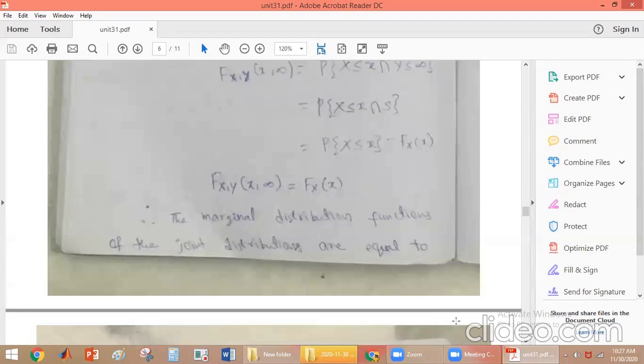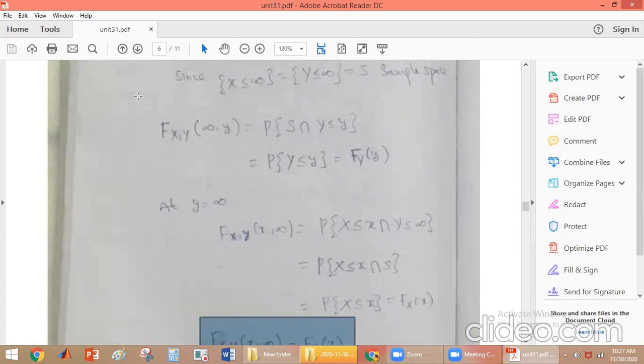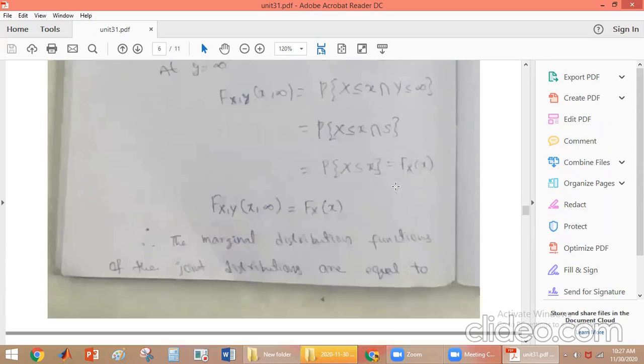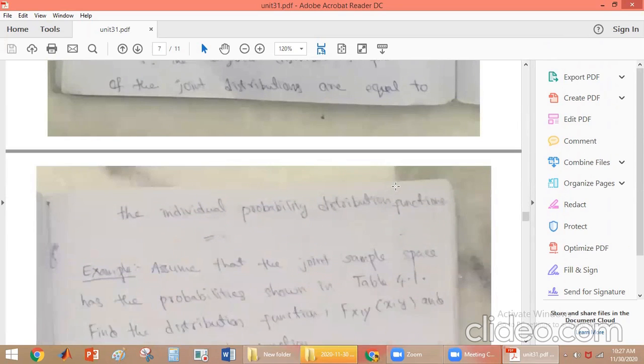So F_XY of x comma infinity will be equal to F_X of x. Similarly, F_XY of infinity comma y will be equal to F_Y of y. So the marginal distribution functions are equal to the individual probability distribution functions. With this, we have completed the proofs of the properties.